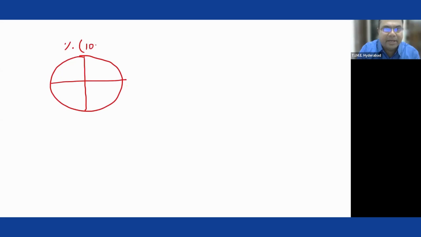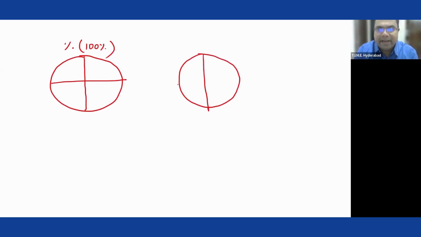Neha, if you look at your pie charts, a pie chart can be given in percentage. If it is given in percentage, the total should be 100%. A pie chart can be given in degrees. If it is given in degrees, when you add all the degrees, it must be 360 degrees.